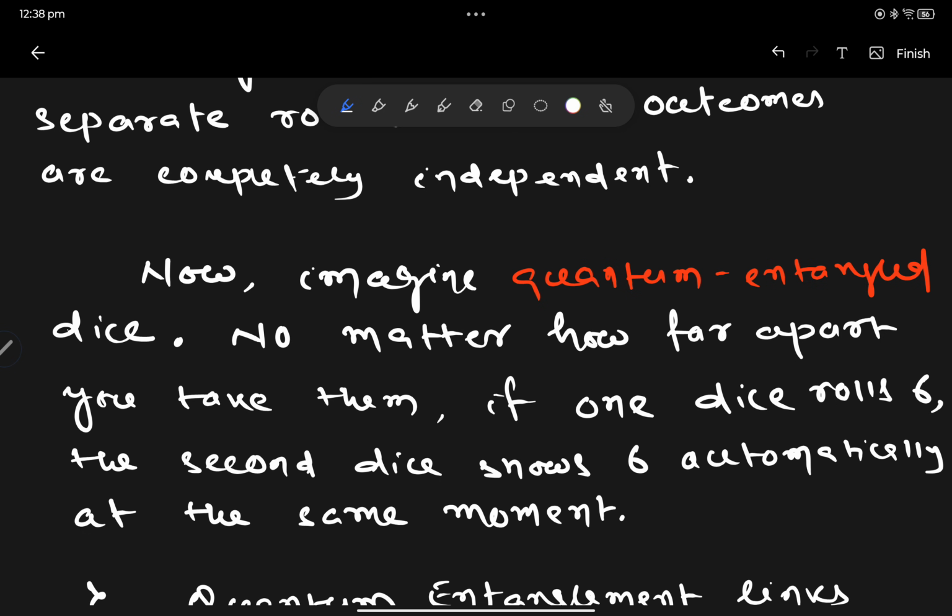No matter how far apart you take them, if one dice rolls 6, the other will roll 6. If one rolls 1, the other will roll 1. And this is automatic and simultaneous.